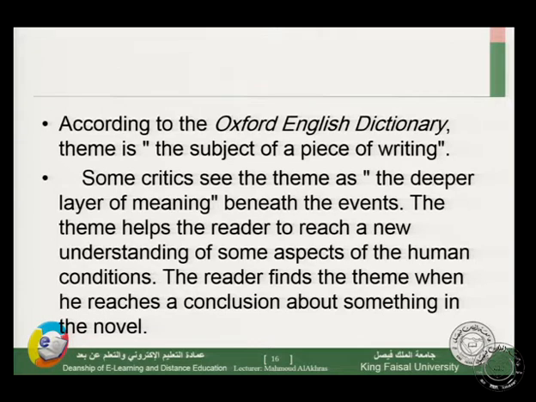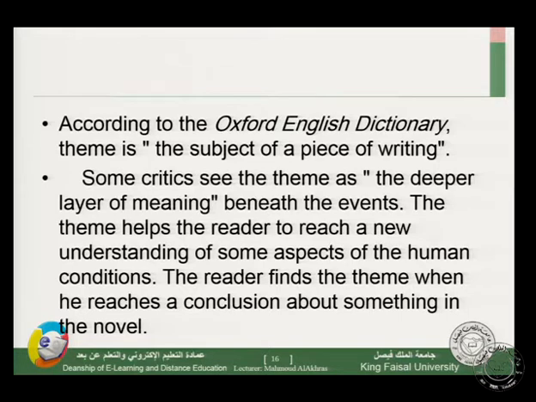Some critics see the theme as the deeper layer of meaning beneath the events. So the theme is put beneath the events in the novel. We have underlying meaning beneath the events.